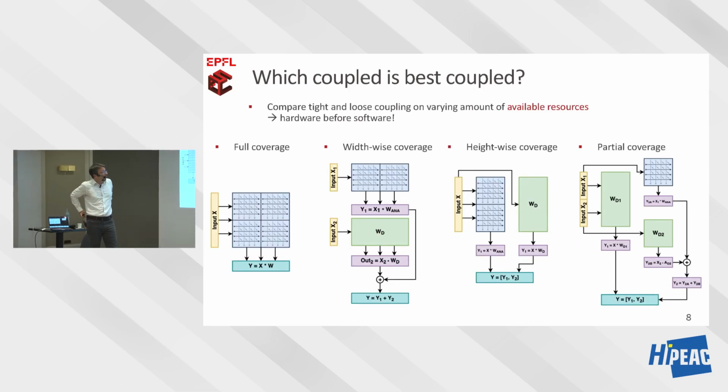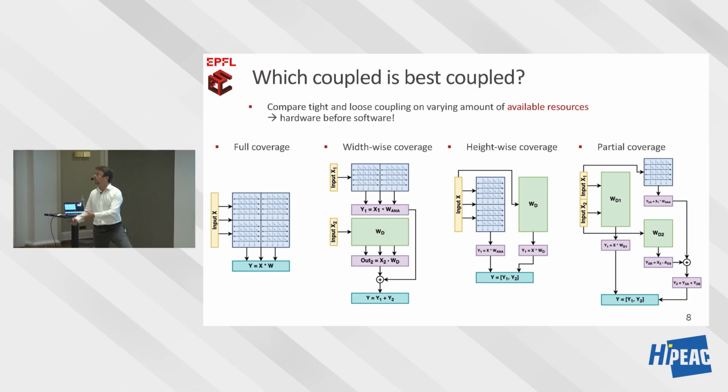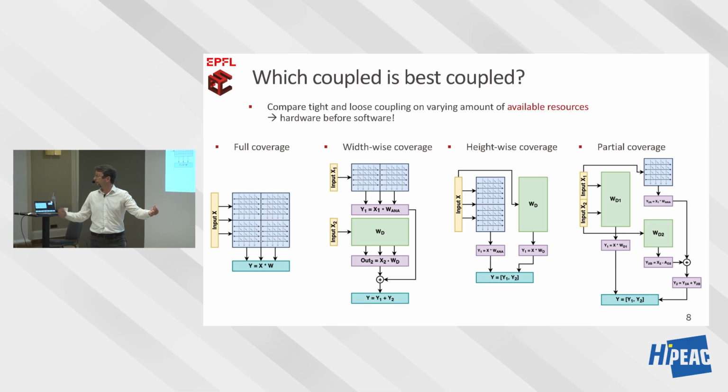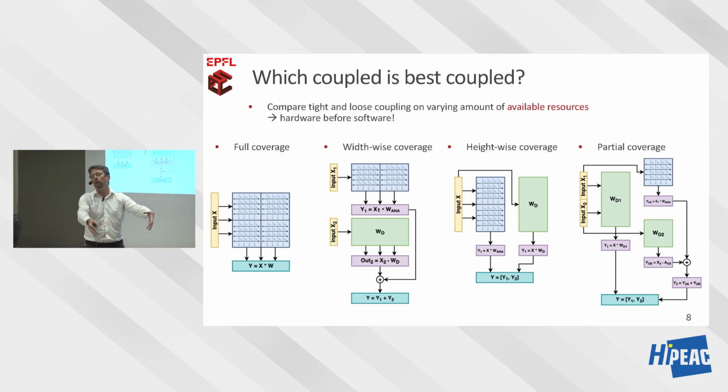The reason why there is a trade-off is that most often than not, we will not have enough acceleration resources to cover all the operations required by a network. This is because hardware is designed before software.